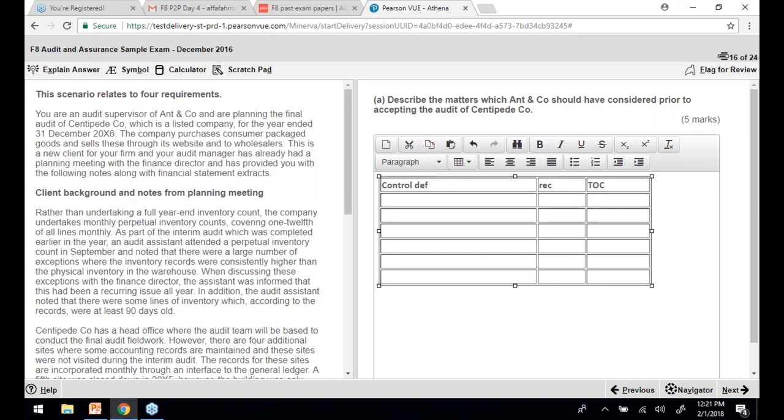So for example, you've picked up one of the problems here: they were at least 80 days old. You can use the strike through function, which won't work here, to cross this out, so I know that I have identified this as a control deficiency. Whatever it was, it was old inventory.